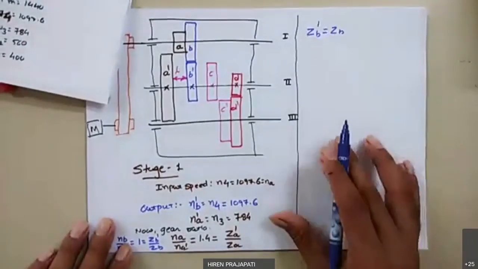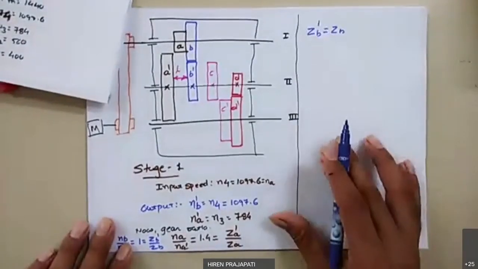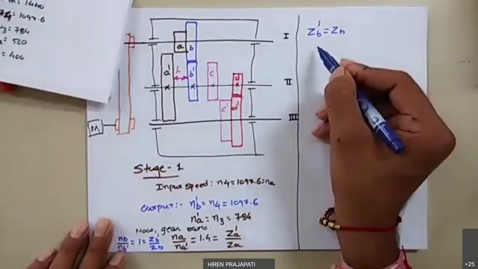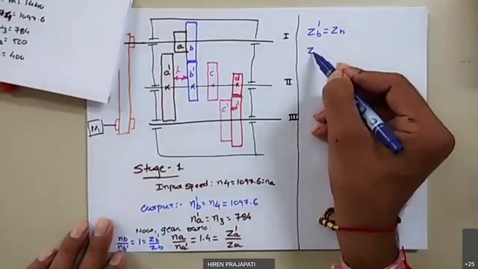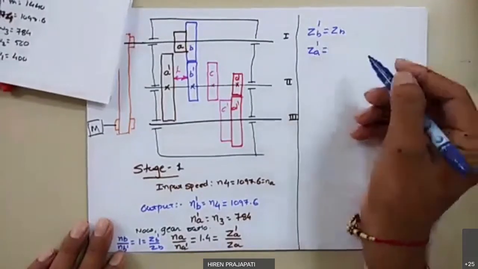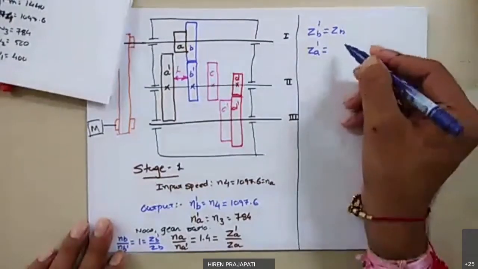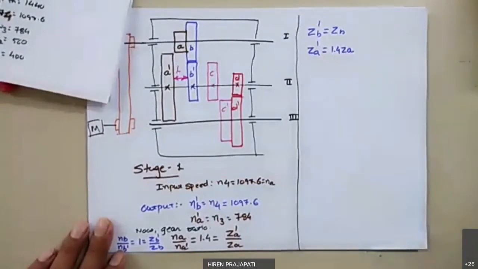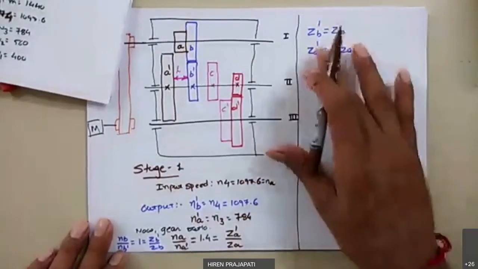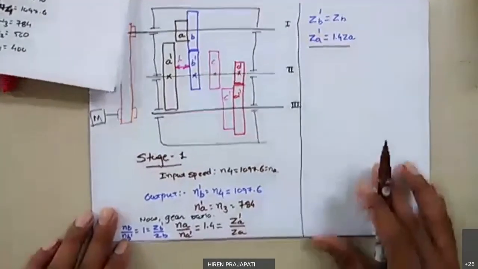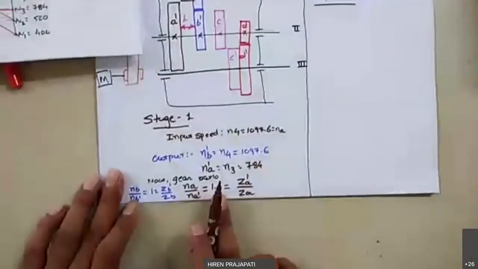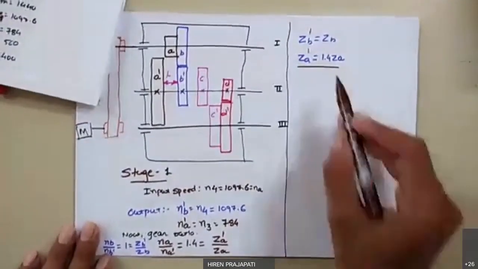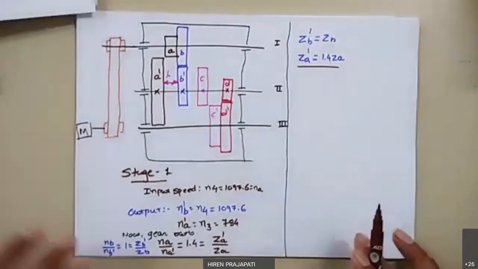And the second equation is ZA dash is equal to 1.4 times ZA, right? So we got the equation. This is what is given here. From this speed ratio, we got this second equation. Okay, fine.